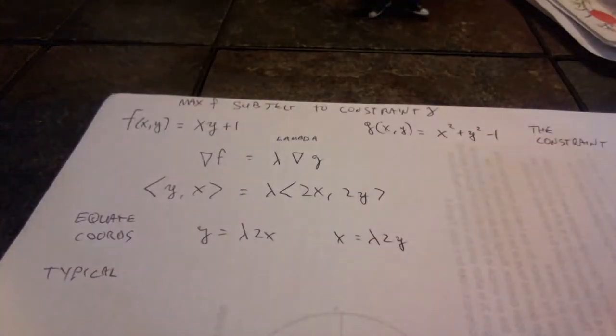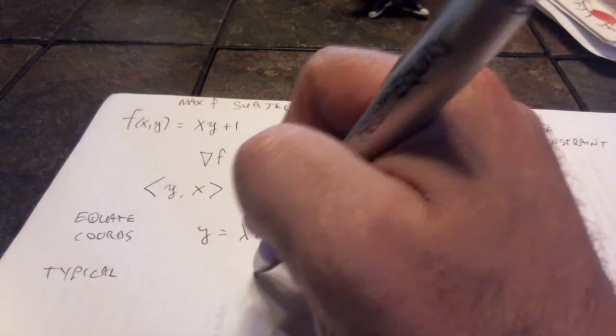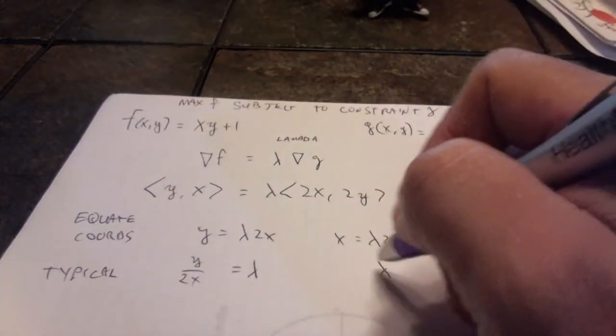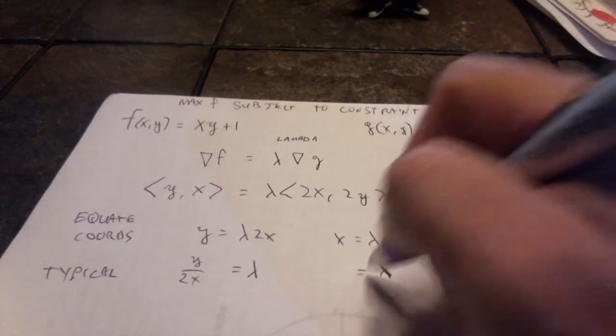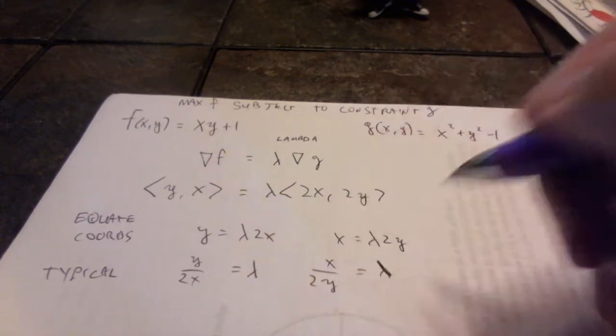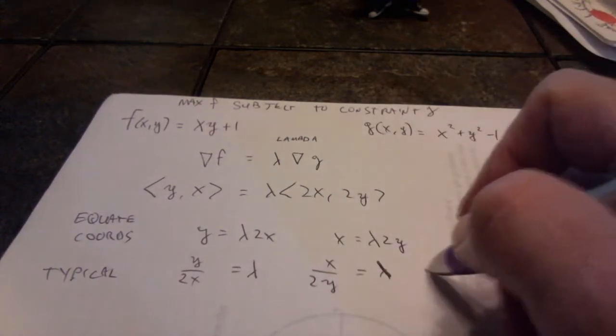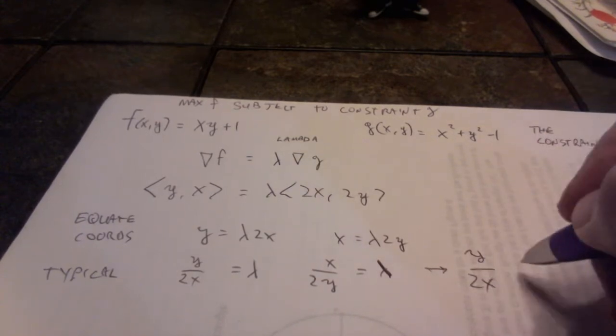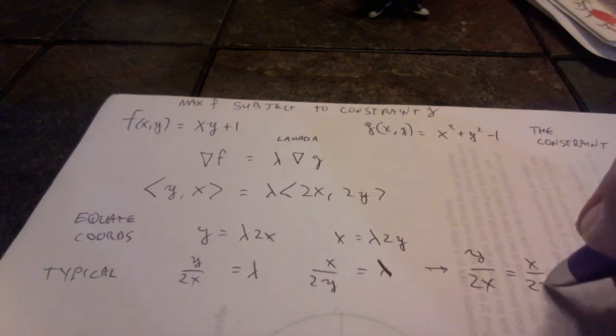Typical move is to solve for lambda. Because if you get lambda equals y over 2x, and you get lambda equals x over 2y, you can set these two equal to each other. And that says that y over 2x is equal to x over 2y.